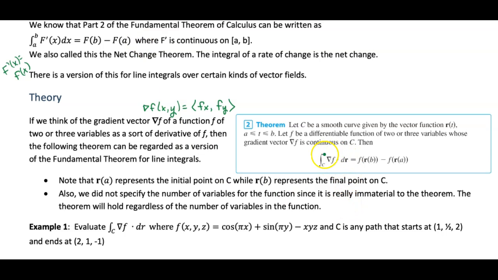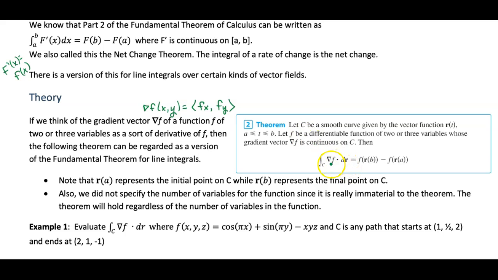If we have the gradient inside of the integral, taking the dot product with dr, which we talked about in section 16.2, then this is like the original function evaluated at r of b minus the original function evaluated at r of a.